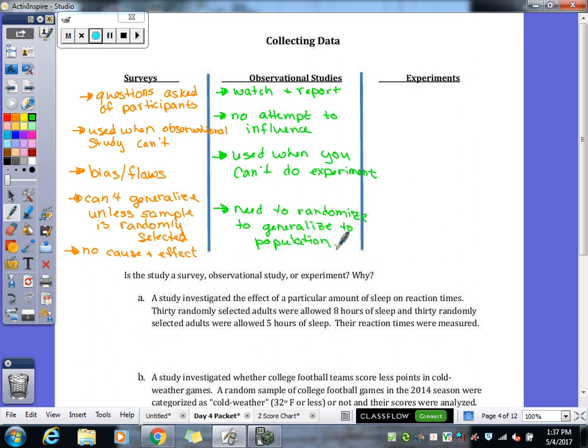So if you want to be able to take the results of your observational study and make a comment regarding the entire population as a result of that, you need to make sure what you're observing is completely random. It's not always the same kind of thing.